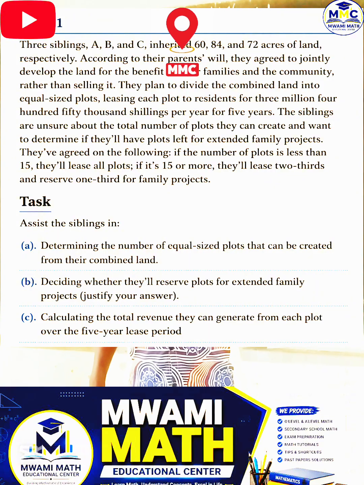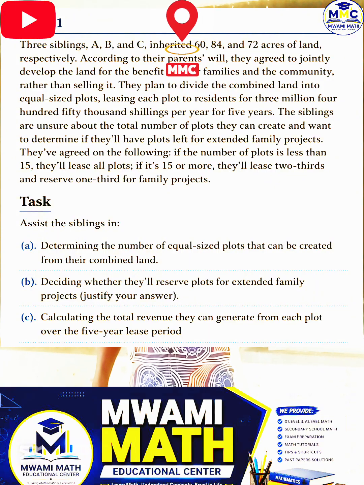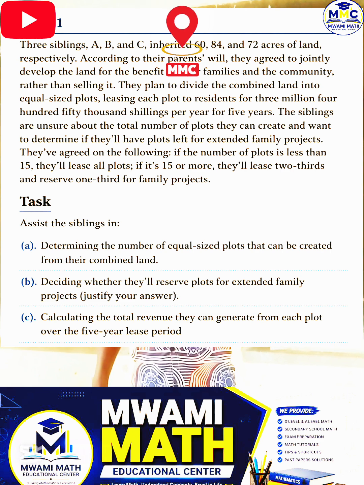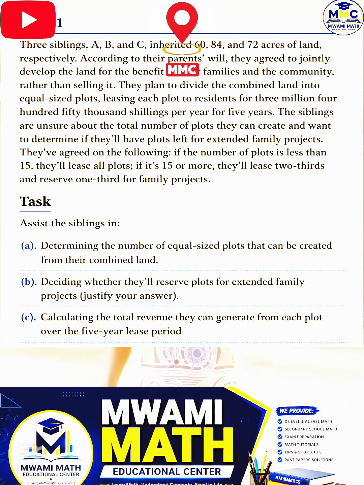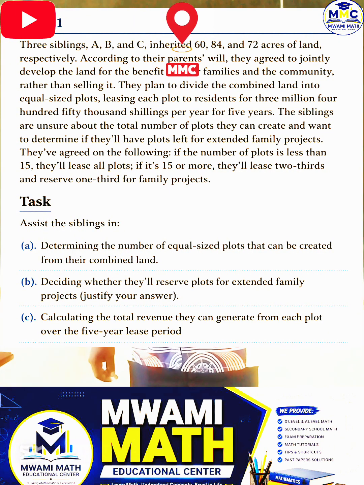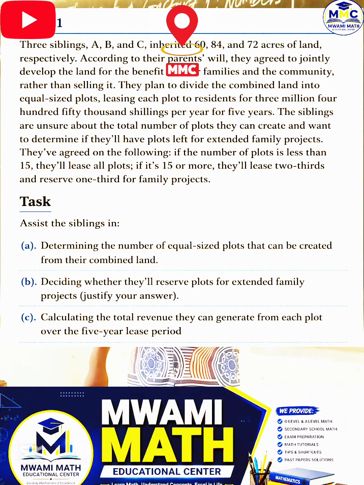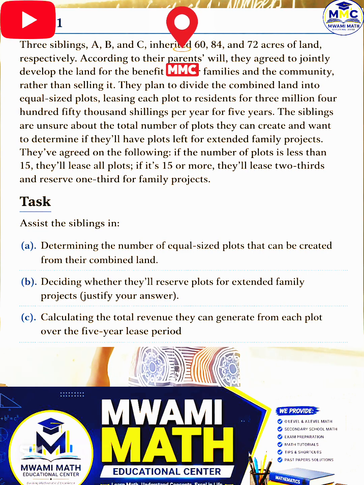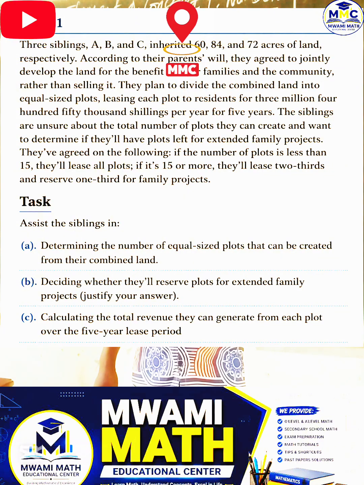Rather than selling it, they plan to divide the combined land into equal-sized plots, leasing each plot to residents at 3,450,000 shillings per year for 5 years. The siblings are unsure about the total number of plots they can create and want to determine if they will have plots left for extended family projects.